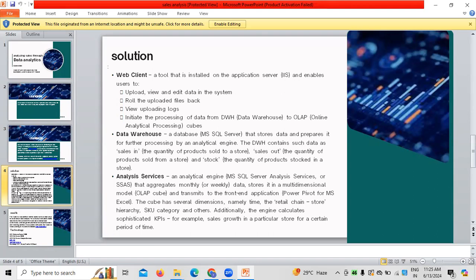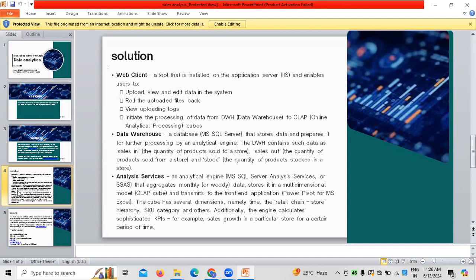Next is analysis services. As an analytical engine, there are different ones like SQL Server Analysis Services, or SSAS, which majorly aggregates whatever data we want to take, either monthly data or weekly data, by implementing multi-dimensional models like OLAP cubes, so that it will be transmitted to front-end applications using Power Pivot or MS Excel.